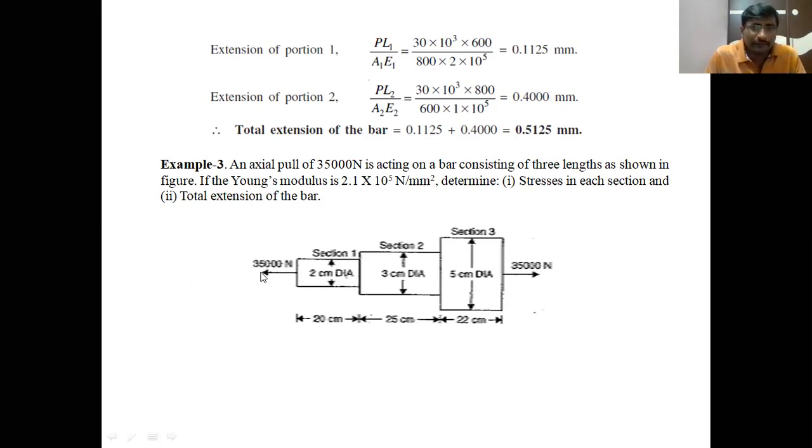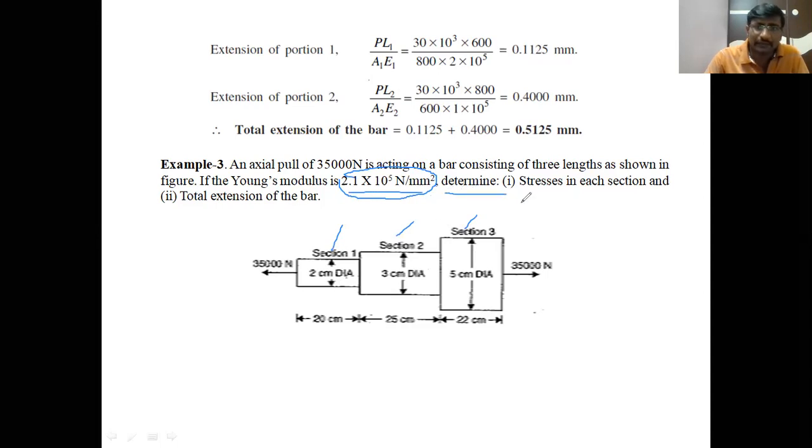An axial pull of 35,000 newtons is acting on a bar consisting of 3 lengths as shown in the figure. If the Young's modulus is 2.1 into 10 to the power of 5 newtons per mm square. Here the Young's modulus value is given only once, 2.1 into 10 to the power of 5 newtons per mm square, for the three portions. That means the three sections, section 1, section 2, section 3, are made of the same material.